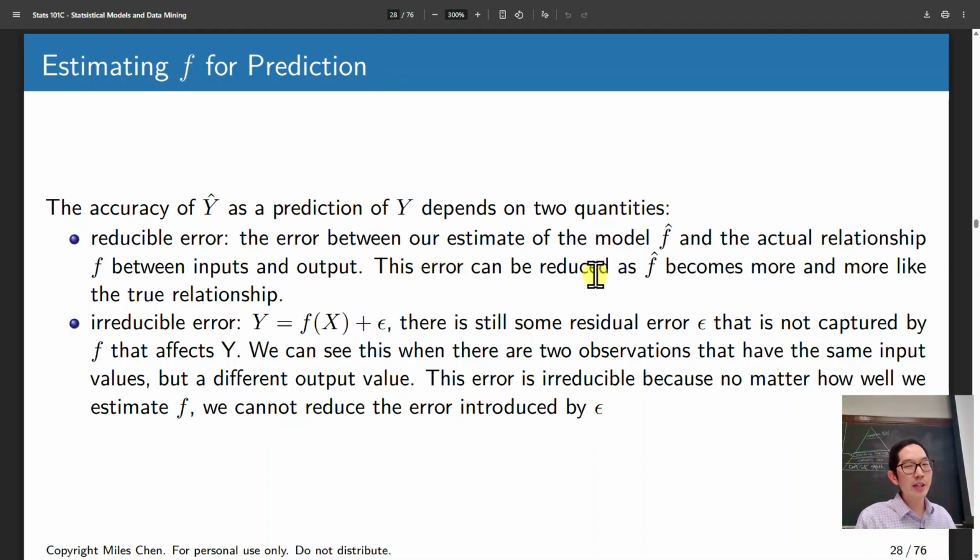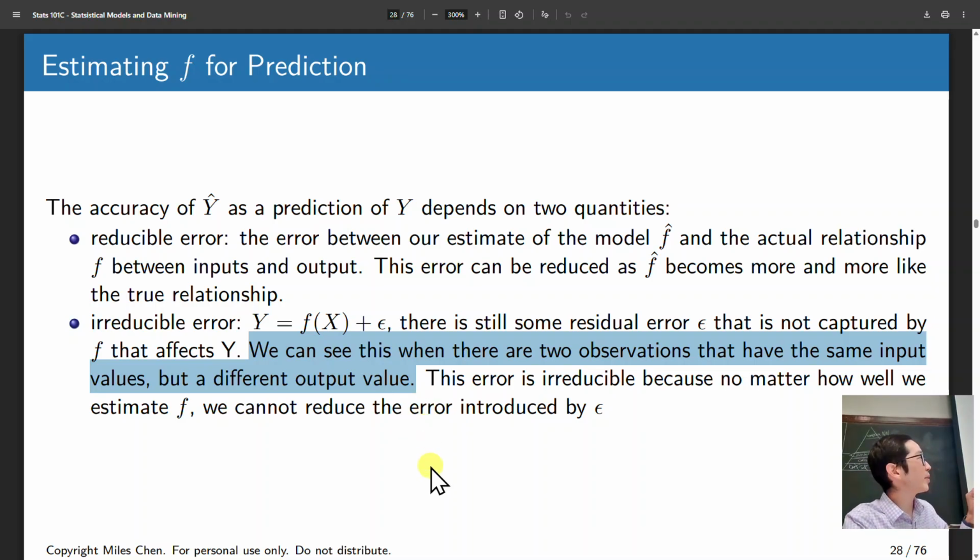We want to try to get our model to follow whatever the actual relationship in the universe is, okay? The other part is irreducible error. Irreducible error is the idea that there's going to be some error that, at the end of the day, cannot be captured by our model, okay?